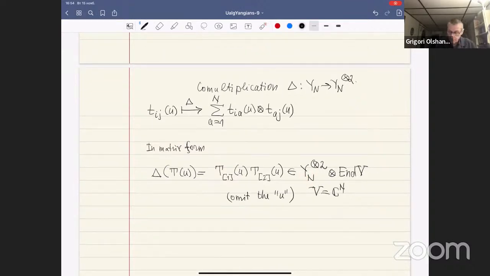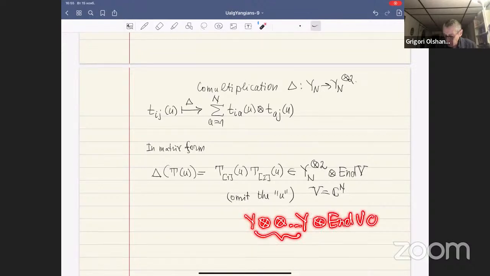Our convention is that in general, we are dealing with some product of copies of the Yangian and also some copies of this end space.